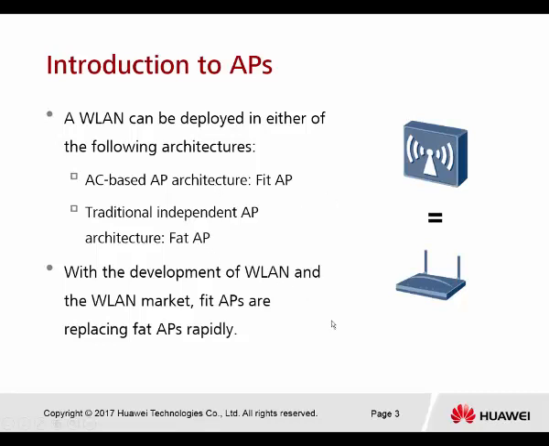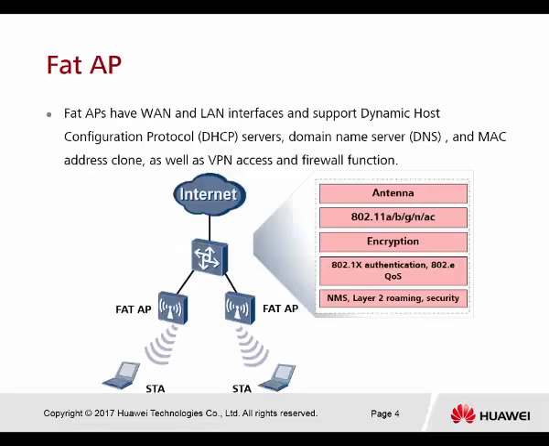With the deployment of WLAN and the growth of the WLAN market, FIT APs are rapidly replacing FAT APs. FAT APs have a WAN and a LAN interface and support Dynamic Host Configuration Protocol, for short DHCP, and also DNS, MAC address learning, as well as VPN.